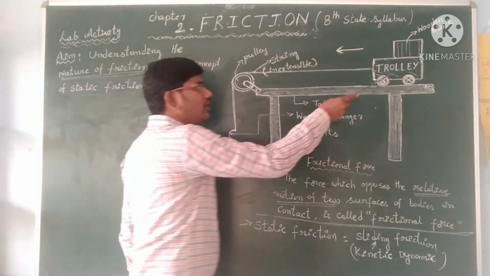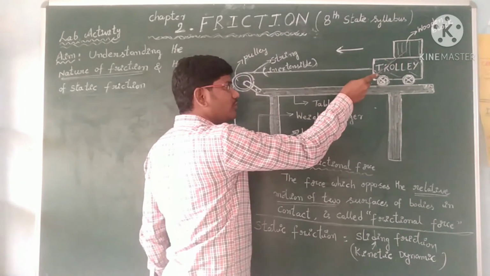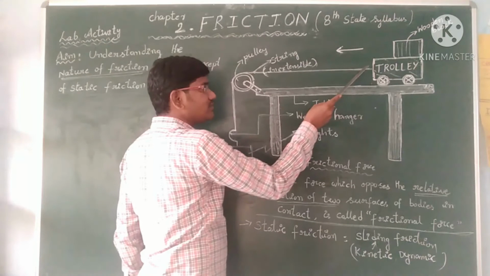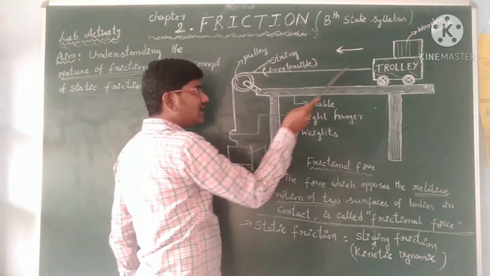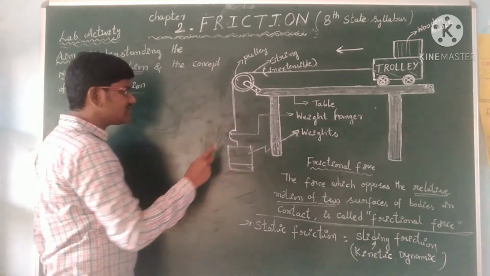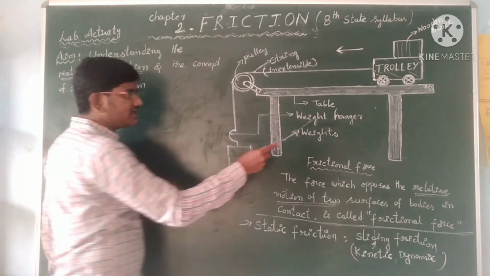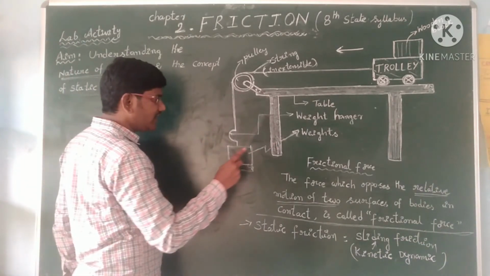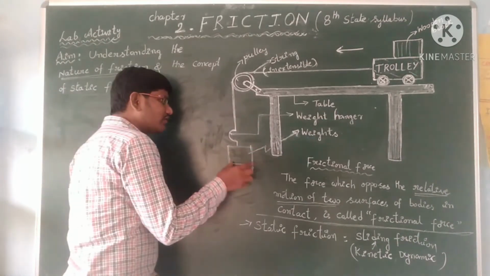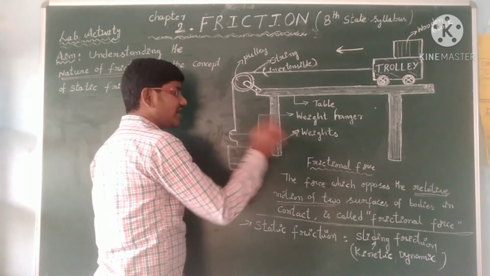So take a small toy trolley and keep a small wooden block on it. Tie one end of an inextensible string to the trolley, and that passes over this pulley, and the other end is connected to the weight hanger. We can keep the desired number of weights in it.